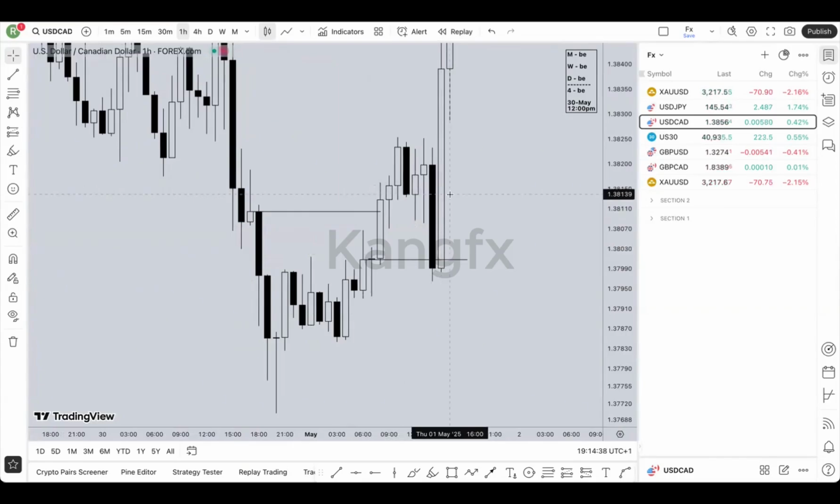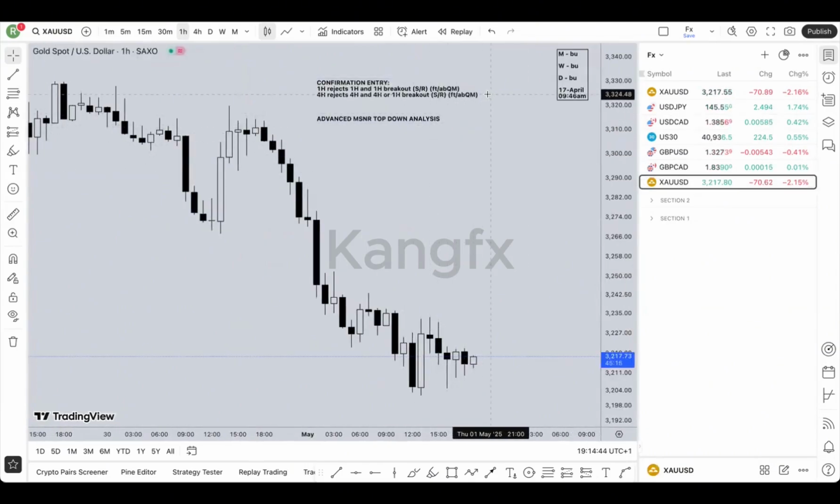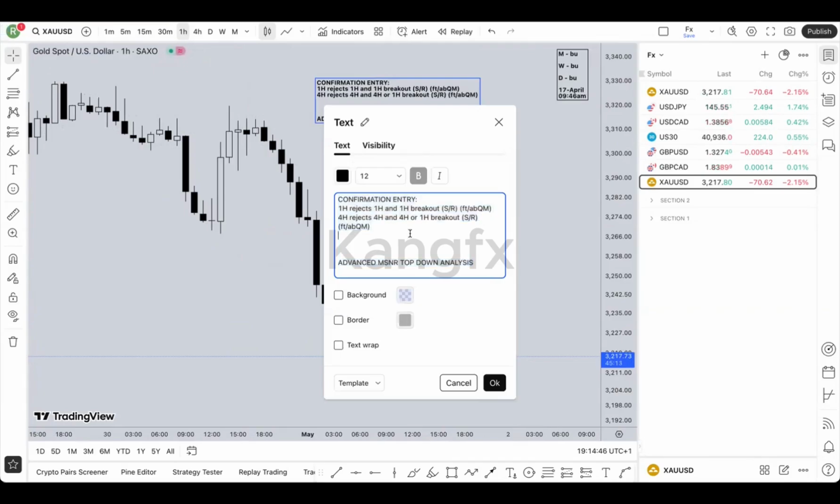1 hour creates a support and resistance. And I'll add that also to this write-up, the rules and how to trade it. 1 hour rejects 1 hour support or resistance. After that, what do we have?